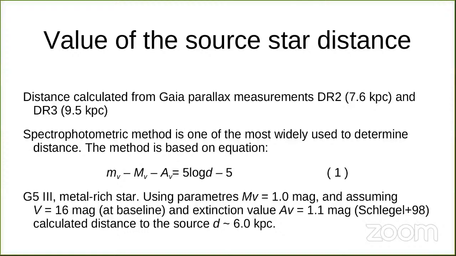So we apply our method, which is based on the spectrophotometric method. This is typically based on the distance modulus equation. Actually, in this equation that you see, there are many inaccuracies and difficulties to determine.